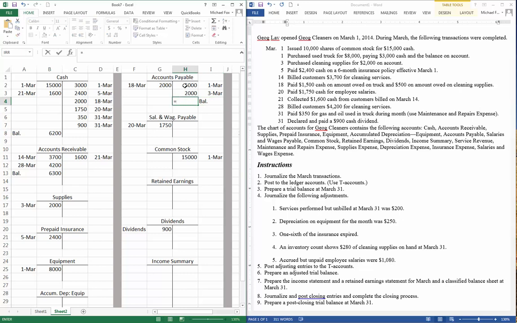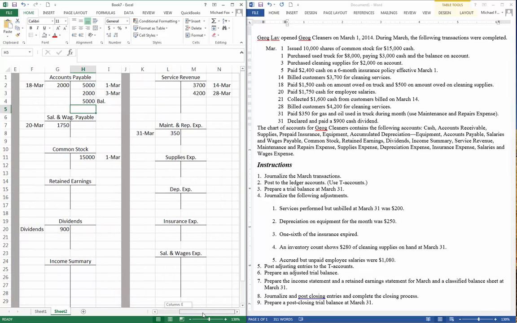So this will equal the credits minus the debits. And service revenue will have a balance. And we should say that's the balance as of March 31st before any adjustments, right? Okay. So there's my balances.